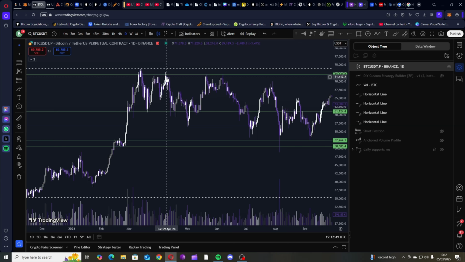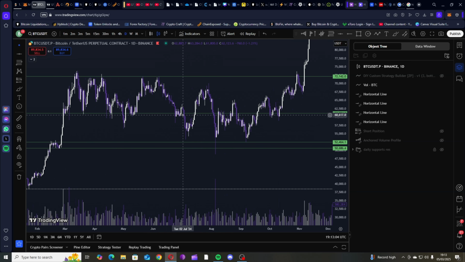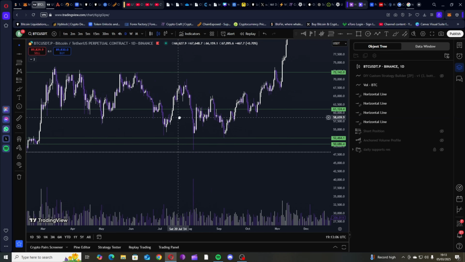1, 2, 3, 4. That's 4 winning trades on the upside. 1, that stopped you out. 2, that stopped you out. That then got used as a resistance zone before it came down and wicked into this consolidation zone.